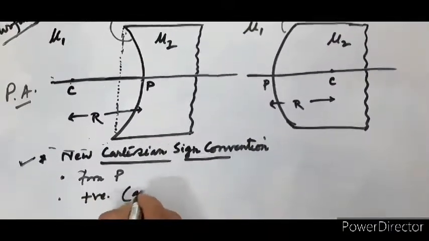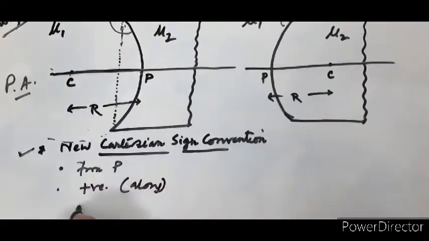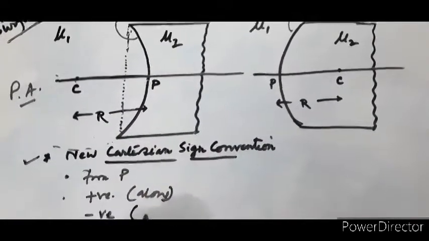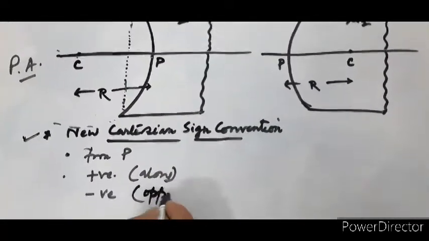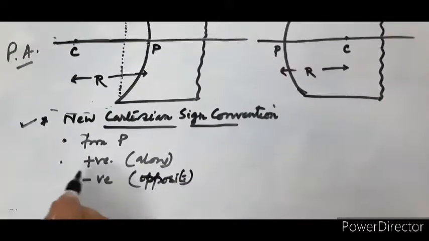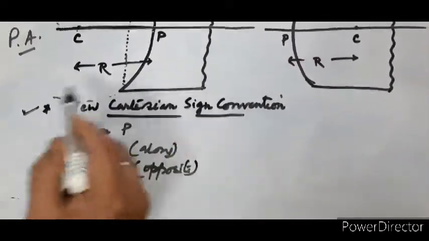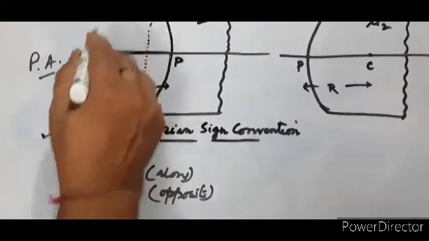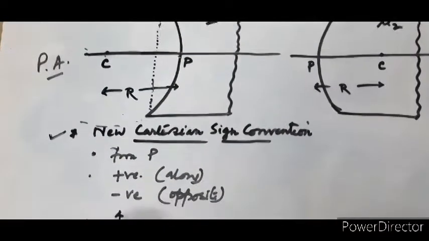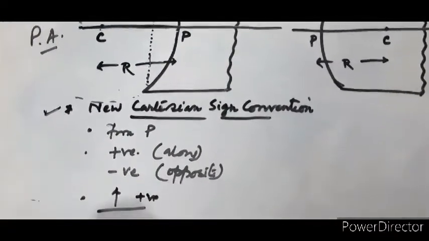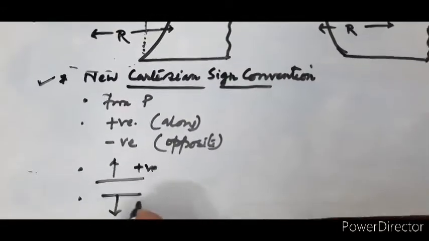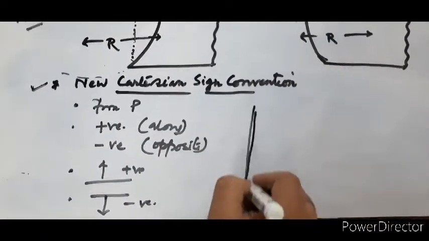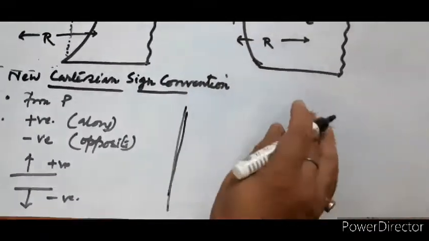The distance measured against, or opposite to, the direction of the incident ray is taken as negative. Heights above the principal axis are taken as positive, and below the principal axis as negative. That is a very simple new Cartesian sign convention.